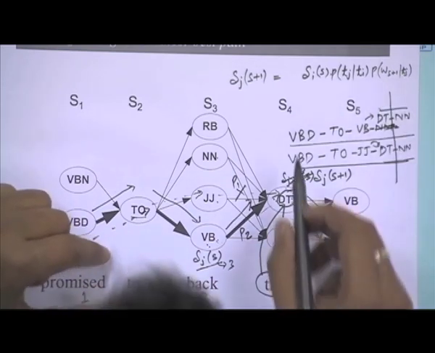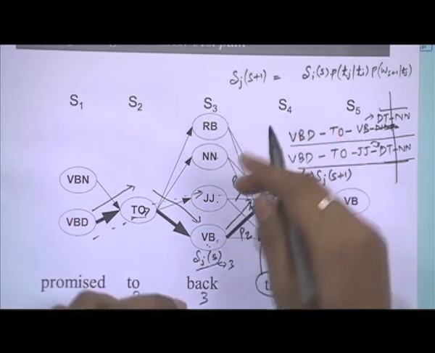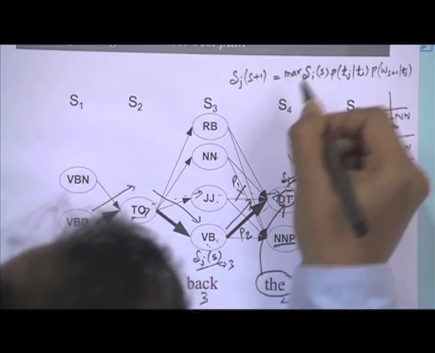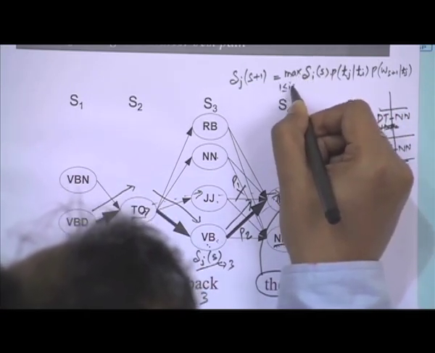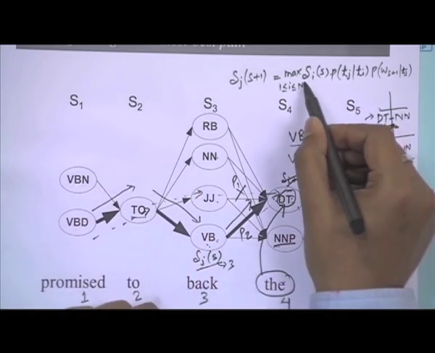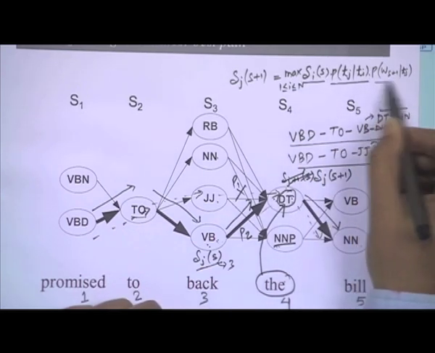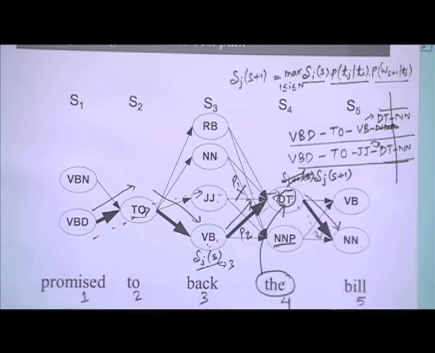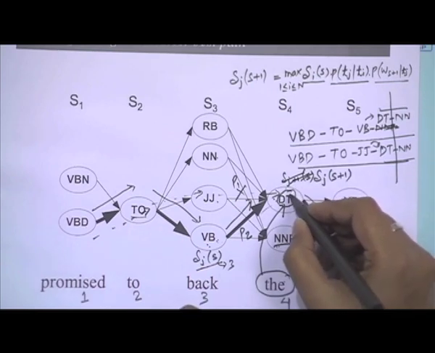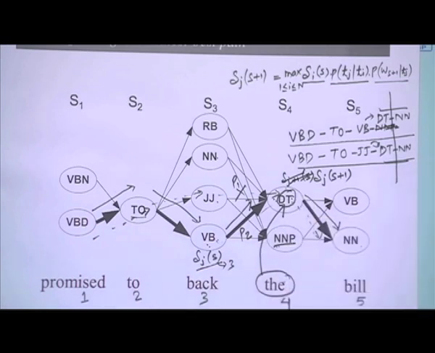This I am doing for some ith state, but there can be some n number of states. So I will find the max of those. Among all the states at the previous step, I have delta s, and I multiply it with the transition probability and the emission probability at step s plus 1. The max gives me the best path at this state j at step s plus 1.